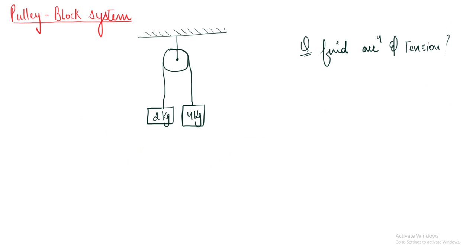So our next topic is the pulley block system. A pulley is given which has 2 blocks of mass 2 kg and 4 kg. Consider the 4 kg is moving down with acceleration A1.